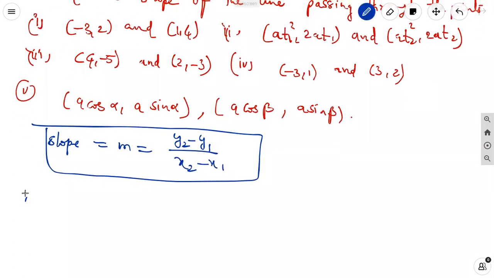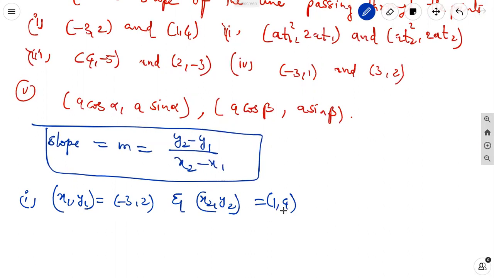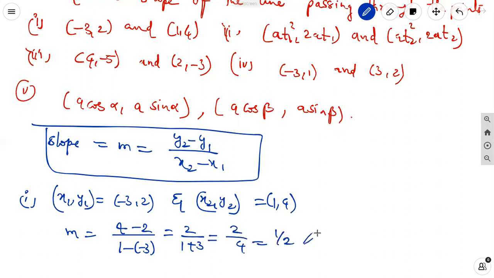Here, first one, x1 comma y1 is equal to minus 3 comma 2 and x2 comma y2 equal to 1 comma 4. The slope m equal to 4 minus 2 by 1 minus of minus 3. It's 2 by 1 plus 3, 2 by 4 equal to 1 by 2. That is the slope.